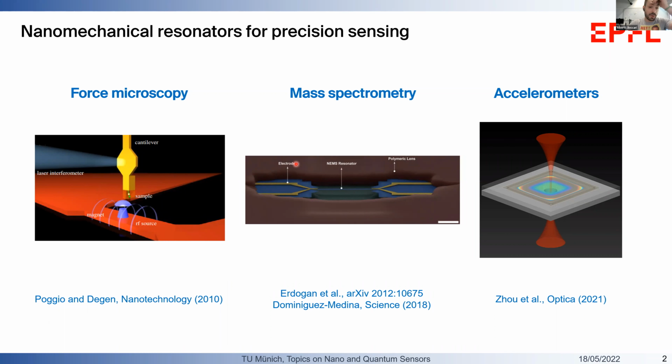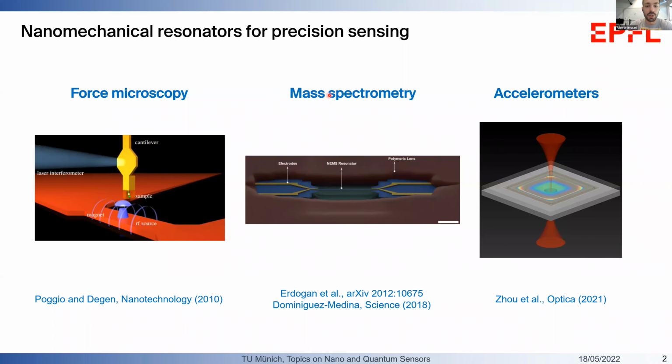And this makes them very useful for precision sensing of all sorts of tiny forces. For example, for not so tiny surface forces, they're used in atomic force microscopes, or for very tiny forces to detect magnetic forces induced by magnetic resonance in MRFM techniques.